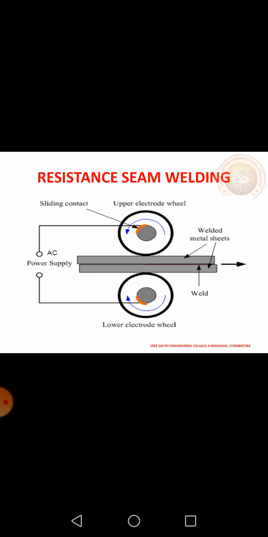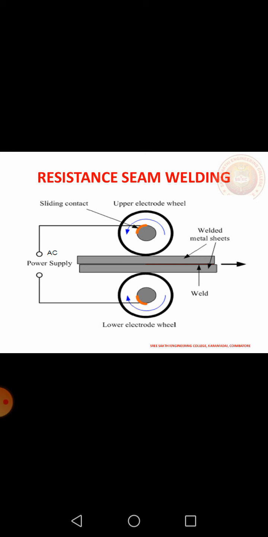Next, resistance seam welding. This is one of the resistance welding types, known as continuous spot welding, where a roller electrode is used to supply current through the work part. Initially, the roller electrodes make contact with the work part.